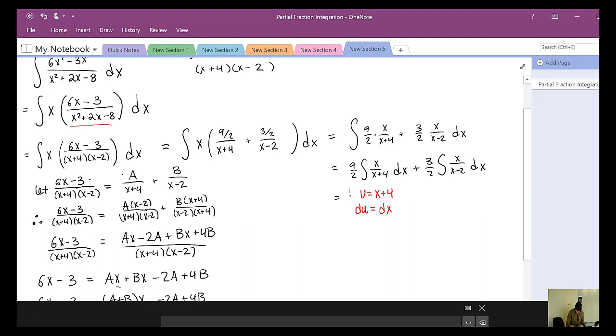So this one becomes 9/2 integral of x over u du. And then how do I get the top x in terms of u? If we go back to this equation right here, you can rearrange it to see that x is, bring the 4 over, u minus 4.